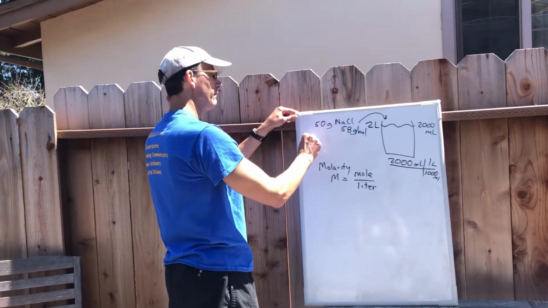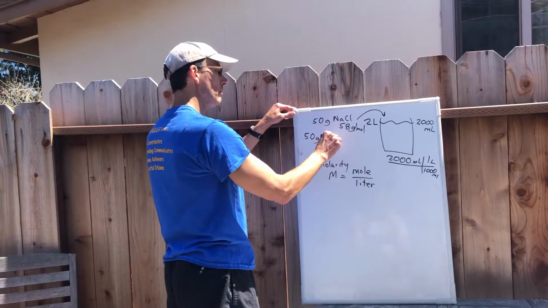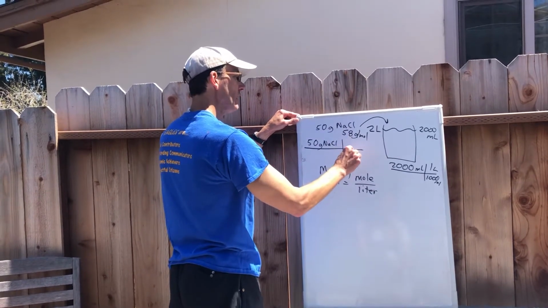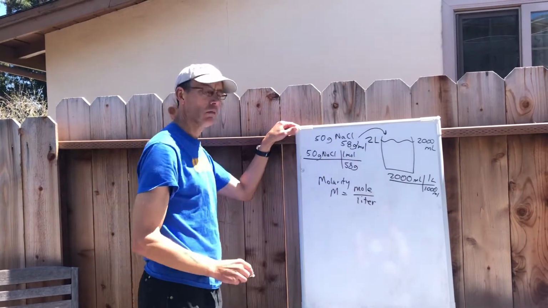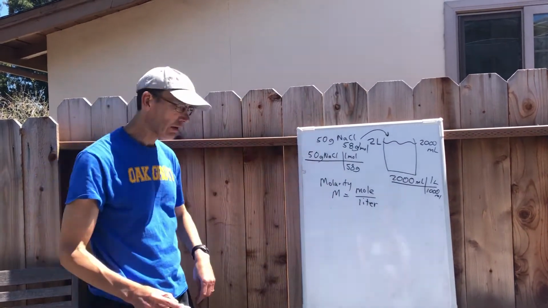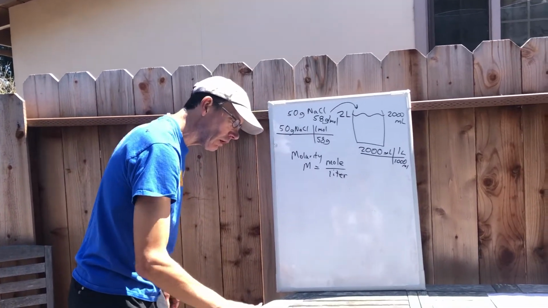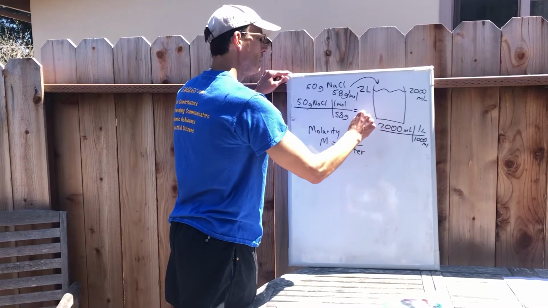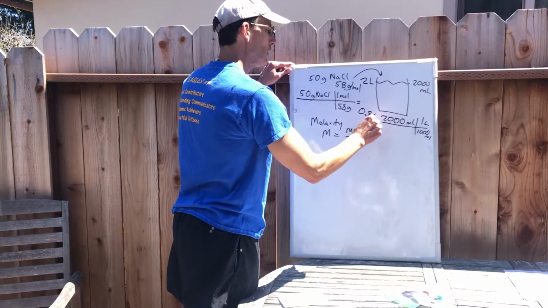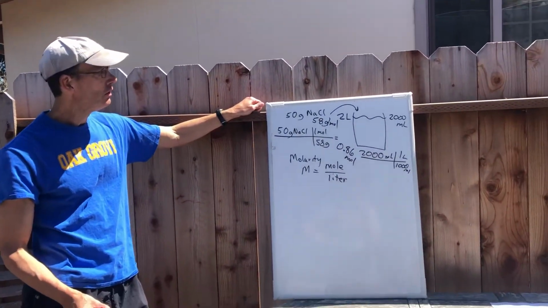And so we're going to take 50 grams sodium chloride, 58 grams in 1 mole. Take 50 divided by 58, take your calculator out, and you should get 0.86 moles. 0.86 moles of sodium chloride.